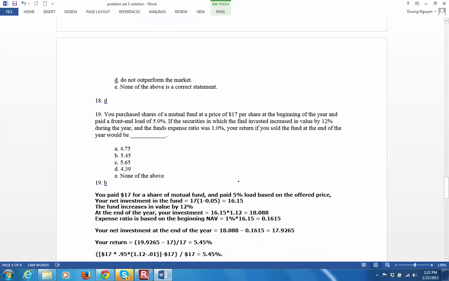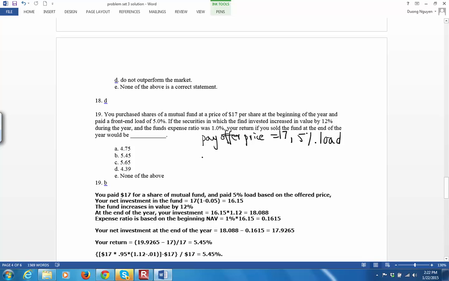Now number 19. You pay $17 to buy a share of the mutual fund with a front-end load of 5%. So you pay an offer price equal to 17, but at the same time you pay a 5% load.